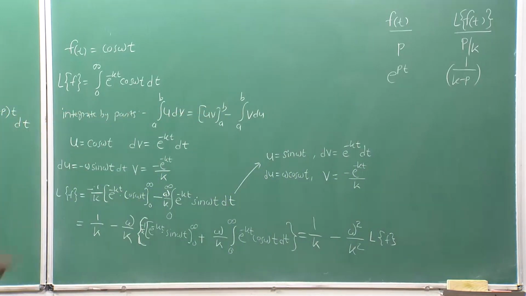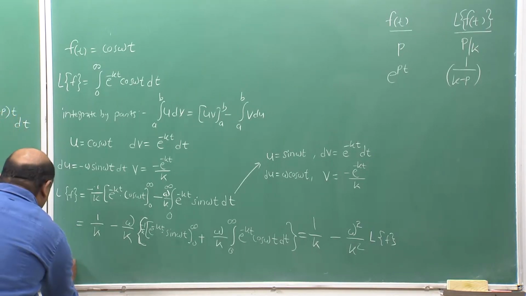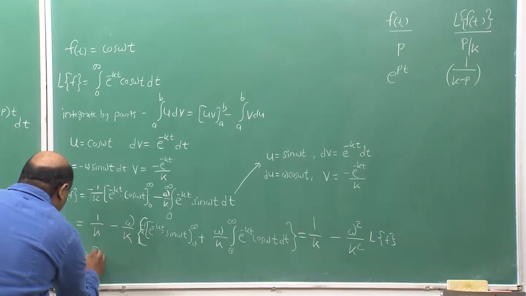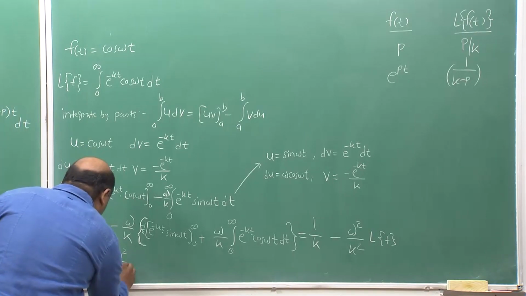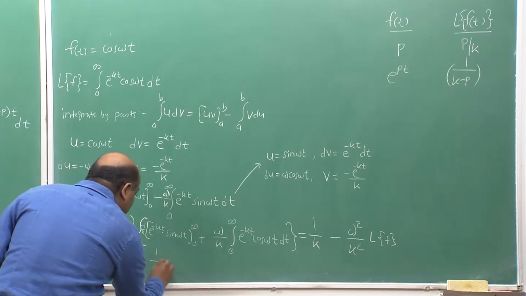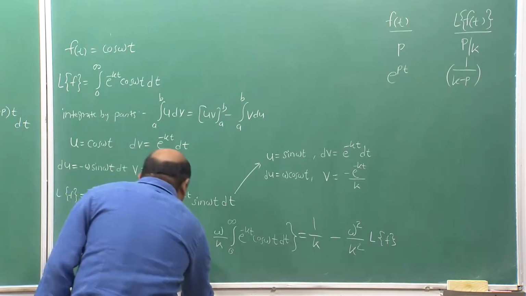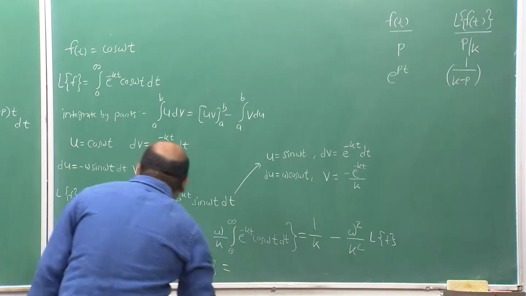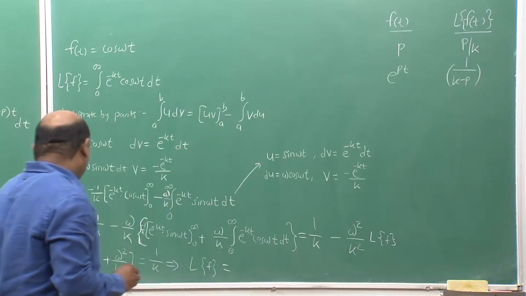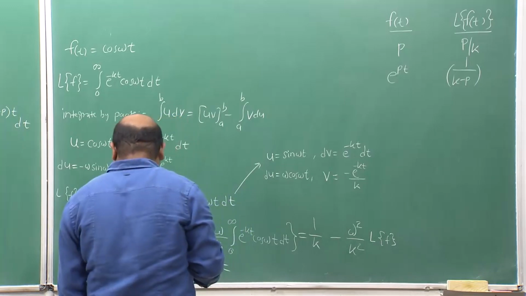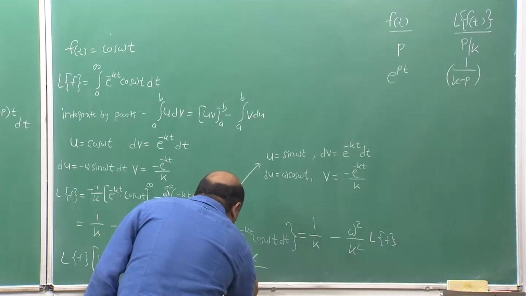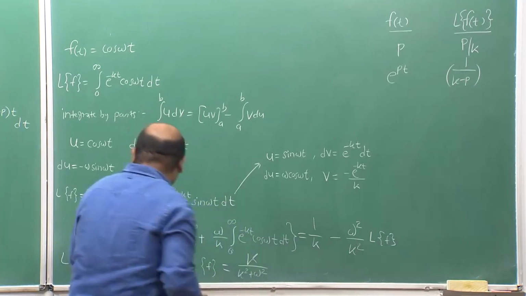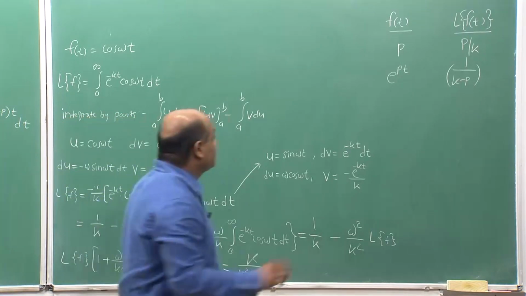So, if we take L of f common on this side, we will get L of f times 1 plus omega square by k square is equal to 1 by k, and so I get the Laplace transform of f should be equal to k over k square plus omega square. K will cancel and this will come down.